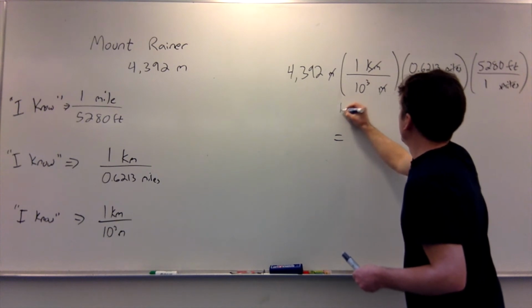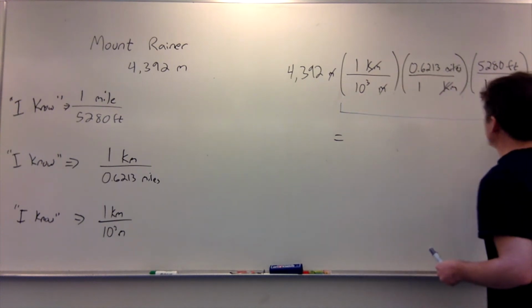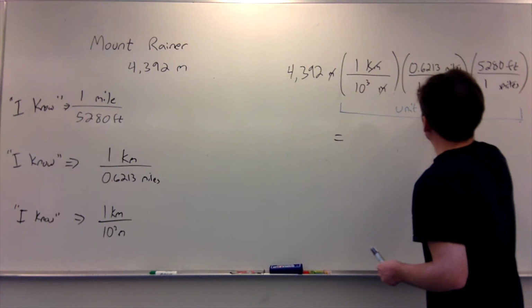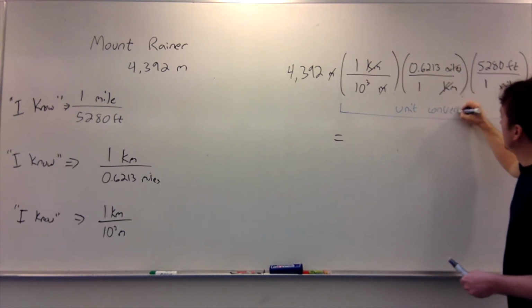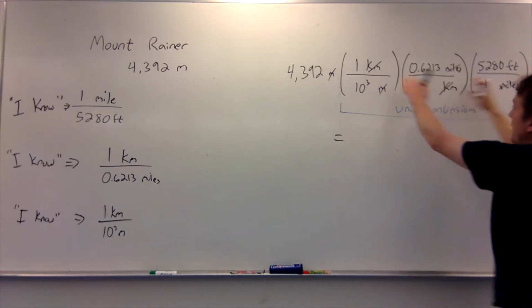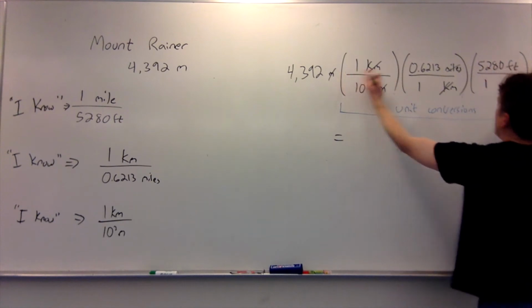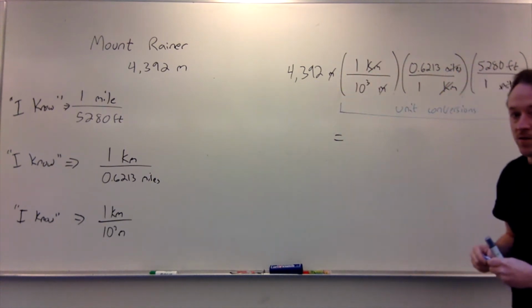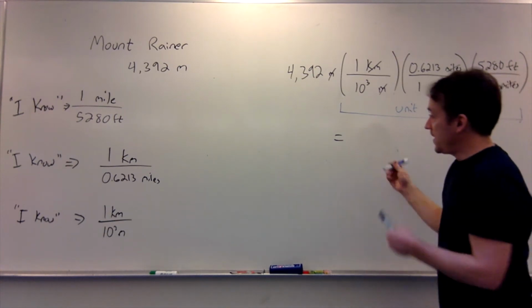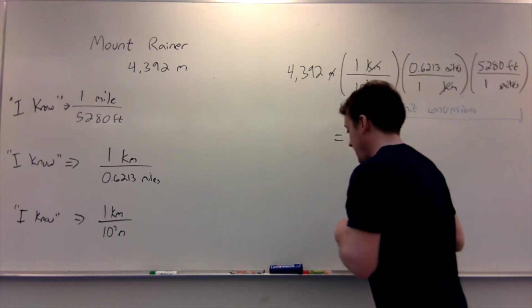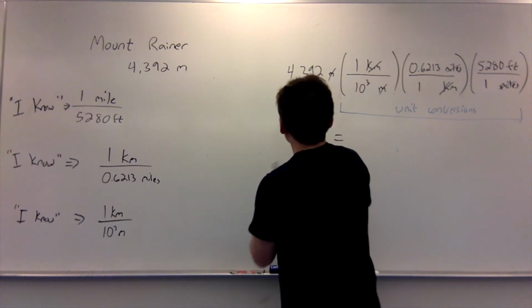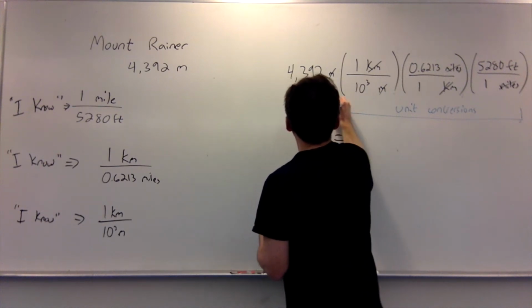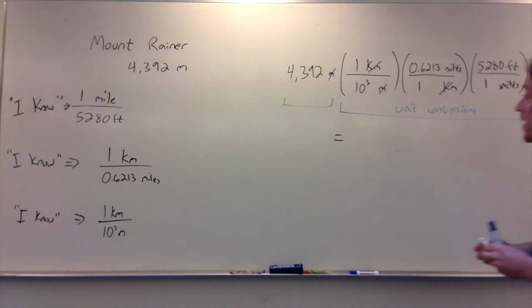These are all the unit conversions. I haven't done anything. These are all 1. If I multiply these all together, I haven't changed anything about this factor over here. Okay? This over here is the thing we're converting.